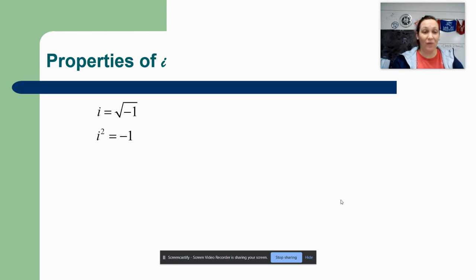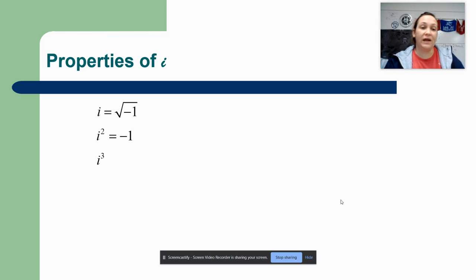But let's keep going. Let's try to figure out what i to the third is. If you remember your rules for exponents, you can find an exponent, i to the third, by splitting it up and having two other exponents that add together to make the number 3. So let's do 1 and 2. 1 plus 2 is 3.